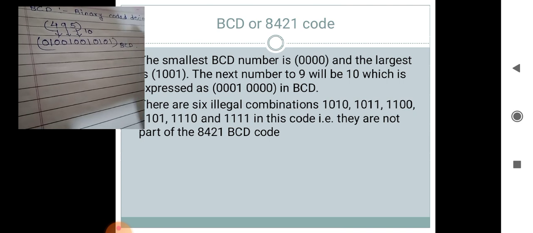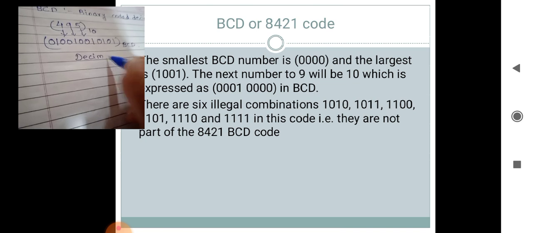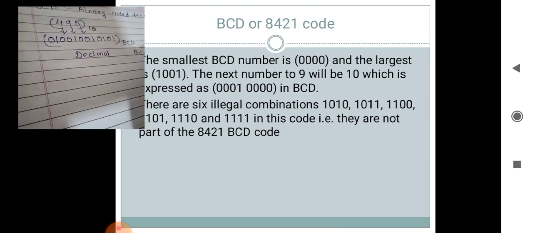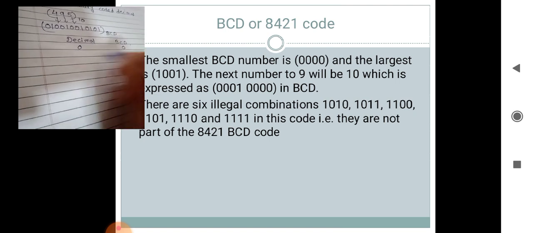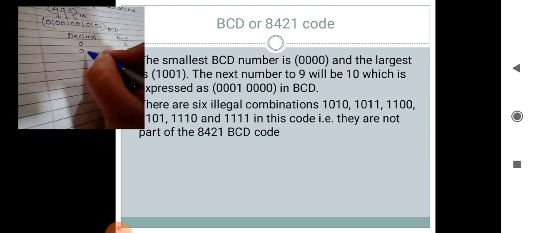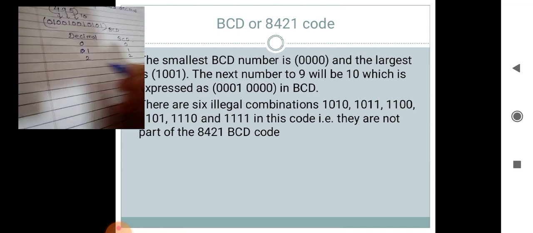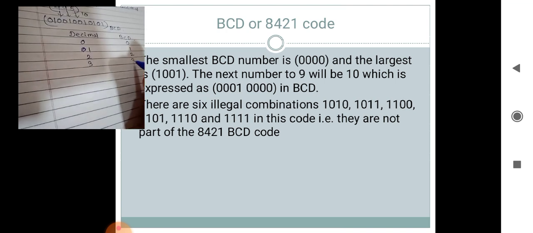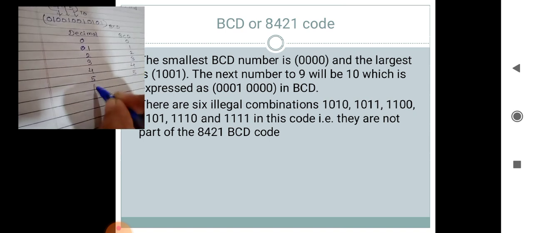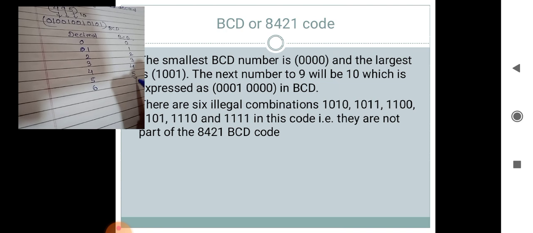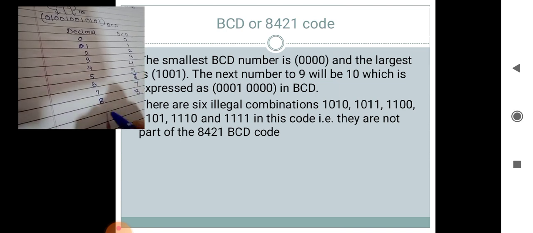Another table will show you how to compare decimal and BCD numbers. Now decimal numbers and BCD numbers from 0 to 9 are the same. 2 is the same in BCD, 3, 4, 5, 6, 7, 8, 9.